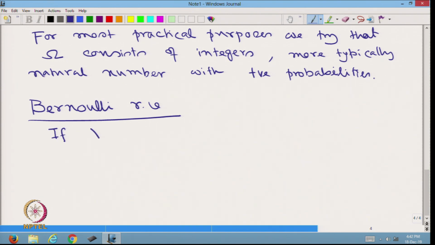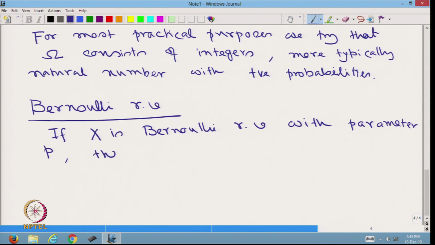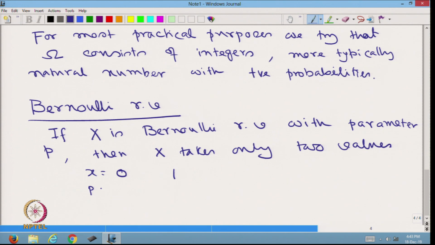If x is a Bernoulli random variable with parameter p, then x takes only two values, 0 and 1, and their probabilities are 1 minus p and p, where 0 less than p less than 1.